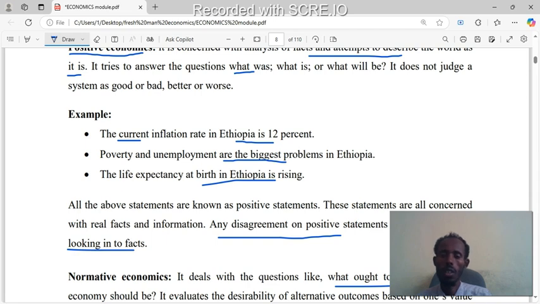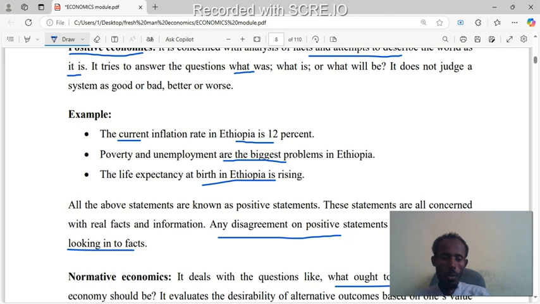So in positive economics, there is no judgment of these sentences. Any disagreement is checked only by looking into the facts on the stated statement.